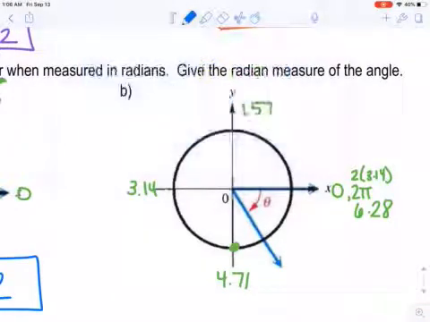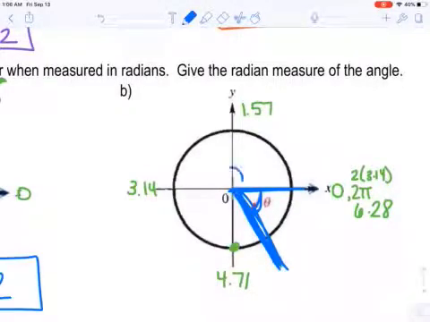So knowing these 4 quadrantal angles in their decimal approximations for radians, what is the nearest integer we think this theta is at? So here, if we go around this way, here's 3.14. We already said 2's here, 3's here.